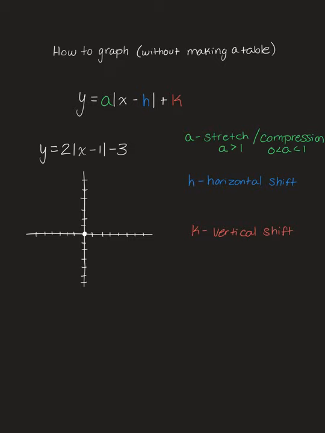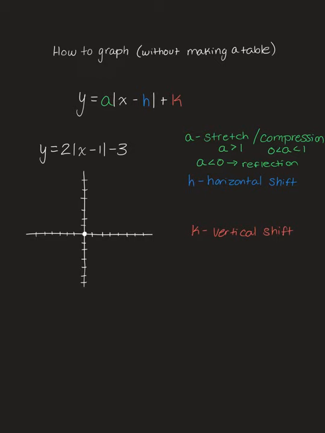Okay? Now, something interesting happens whenever your a is negative. So if a is less than 0, which means that it's negative, then you have what we call a reflection, where it flips over. Okay? So that's what the a does. The h is your horizontal shift, whether it moves left or right.